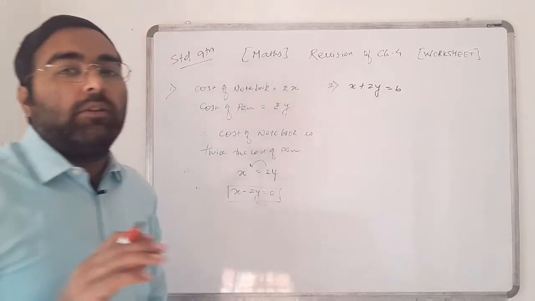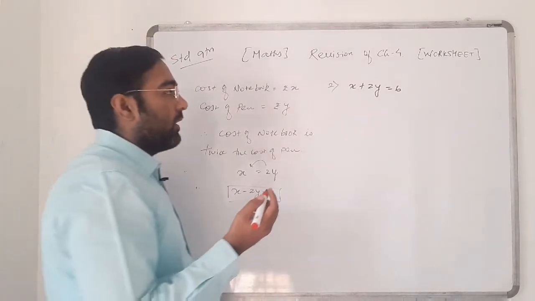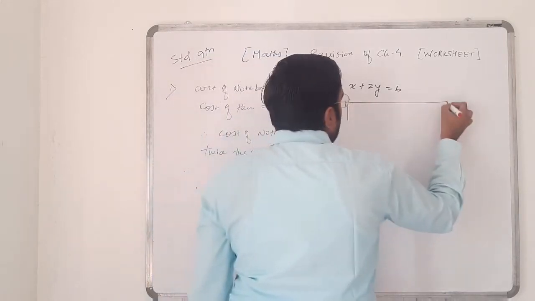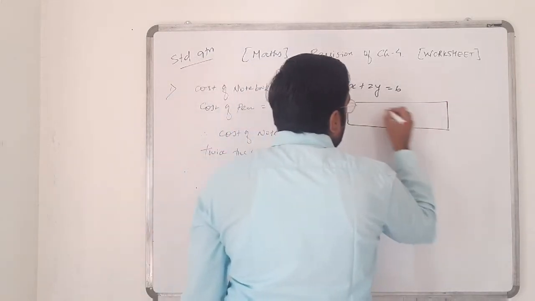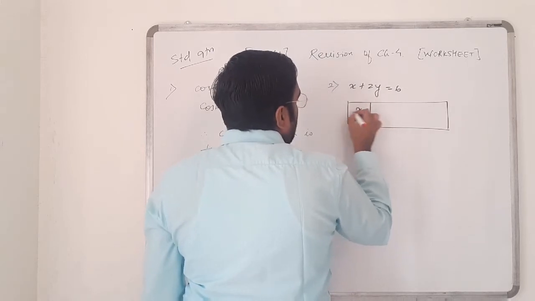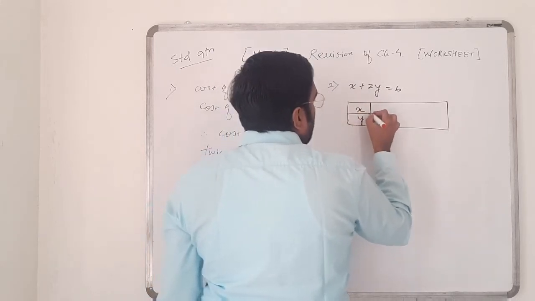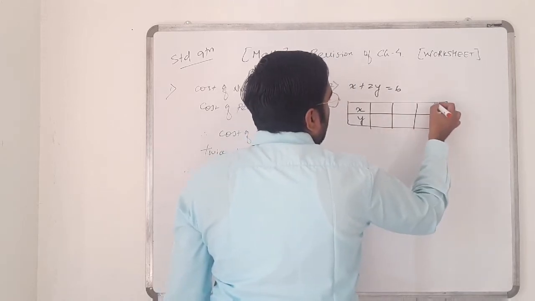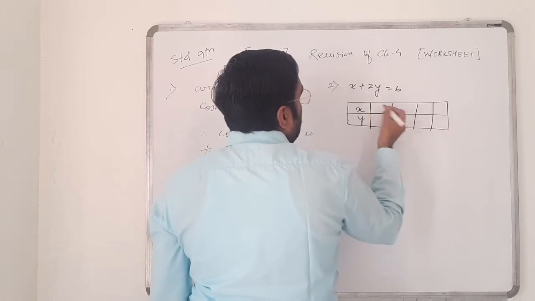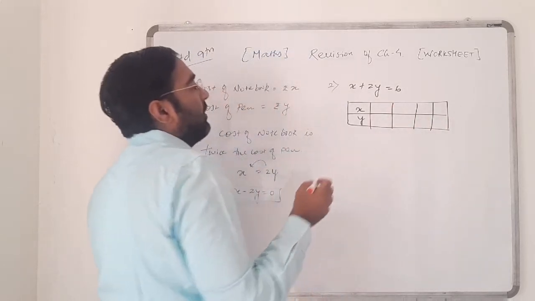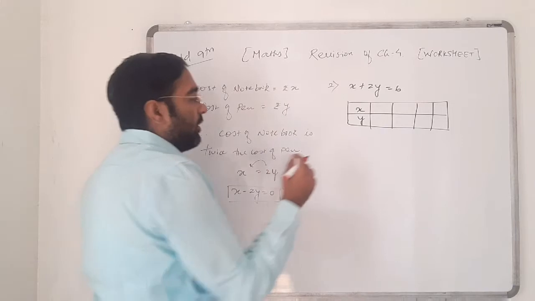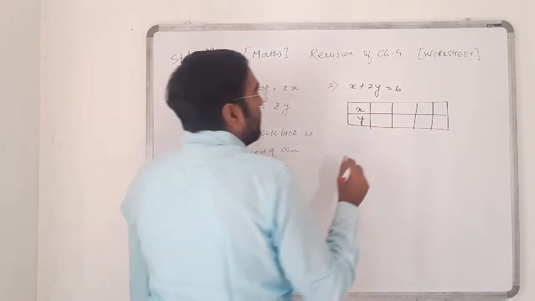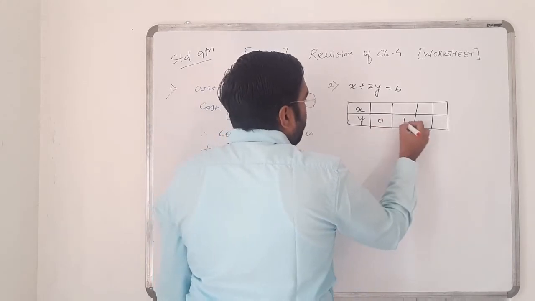Here he said to write 4 different solutions. So first of all we draw a table for the 4 solutions: 1, 2, 3 and 4. For the 4 solutions, I'll assume the value of y here, so that's easy for me.